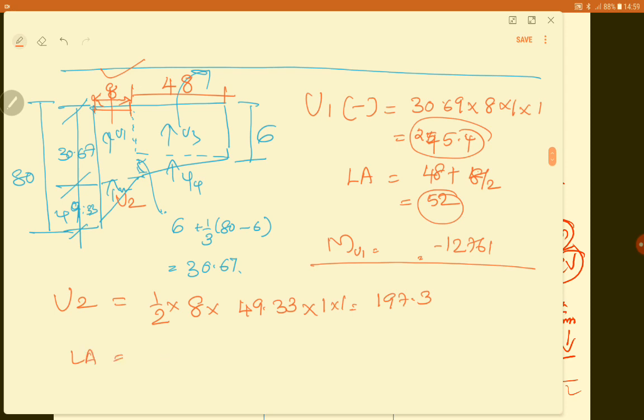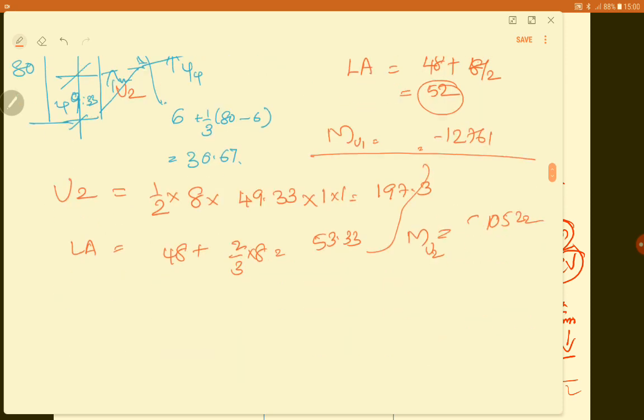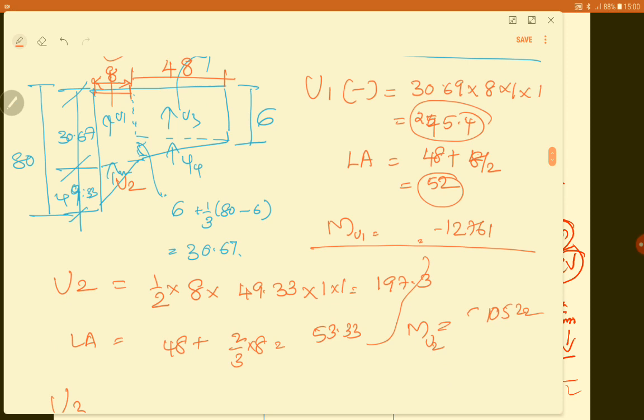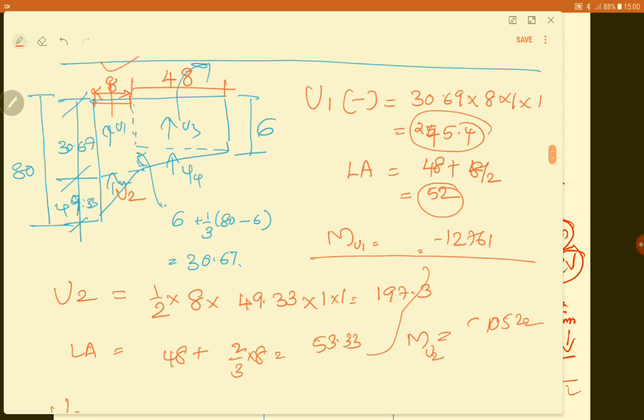Lever arm of it is equal to 48 plus 2/3 of 8, so it will be equal to 53.33. What will be the moment M due to U2? Multiply these two things and you will be getting it as negative 10522. Okay, now what is U3? U3 is this rectangle.